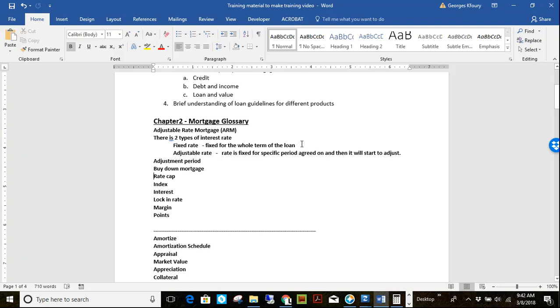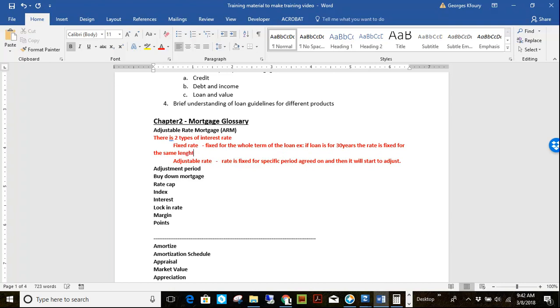So what does that mean? Example: if the loan is for 30 years, the fixed rate stays the same for the same length, until the loan is paid.